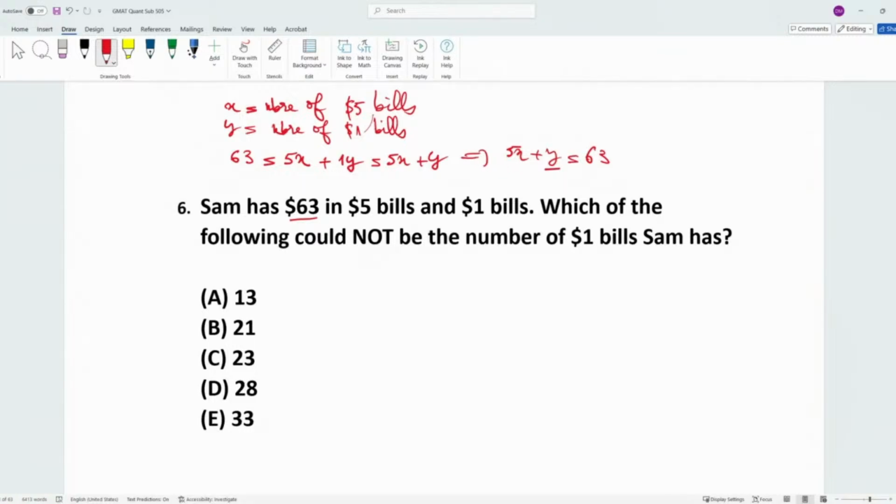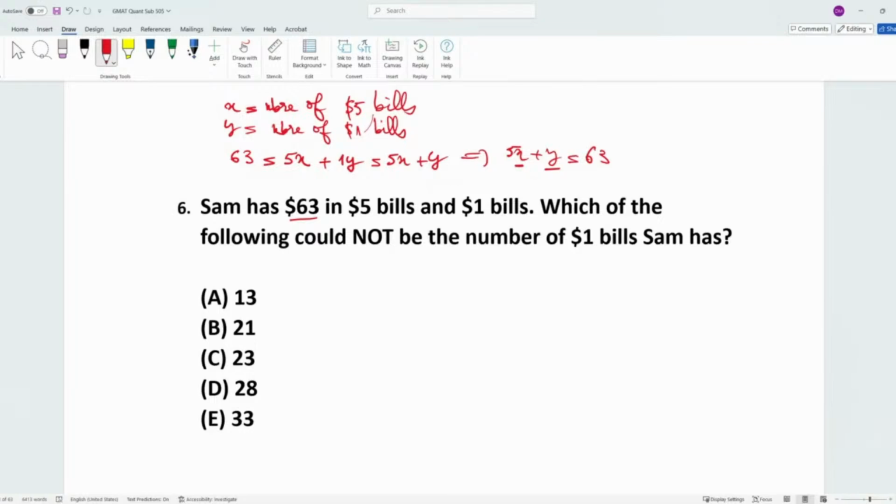So one way to find that out is to actually say that in order to find the value of y, x here must be a whole number, because we can't have 1.5 number of $5 bills.